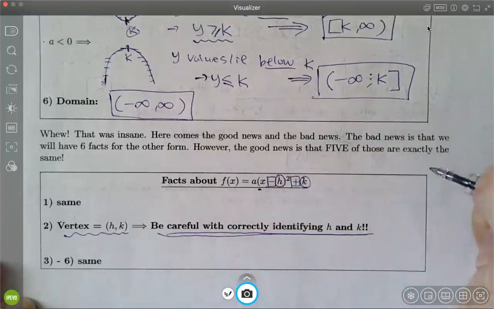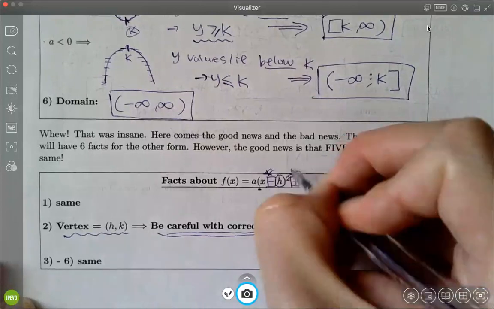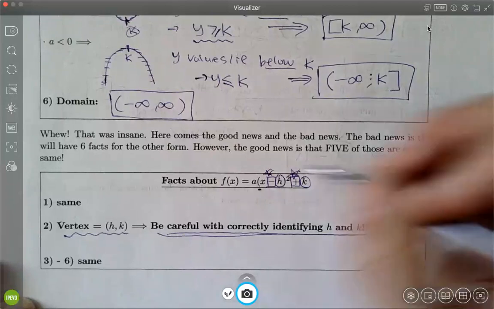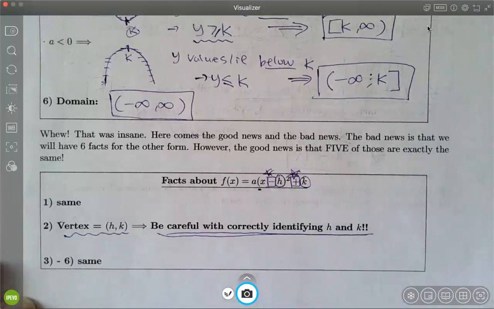It's minus and then plus. Everything else stays the same, increasing and decreasing, range and domain and so on. So only the vertex is different. Now, can I go to the next page?